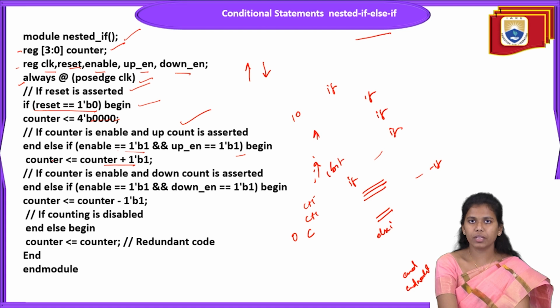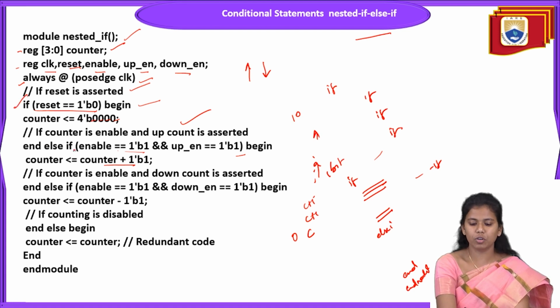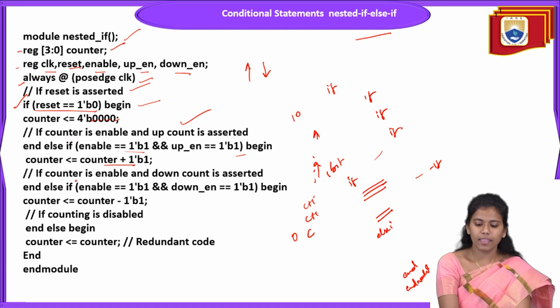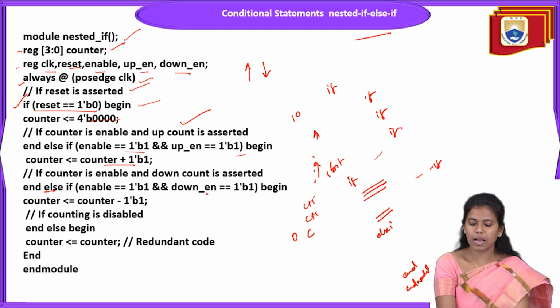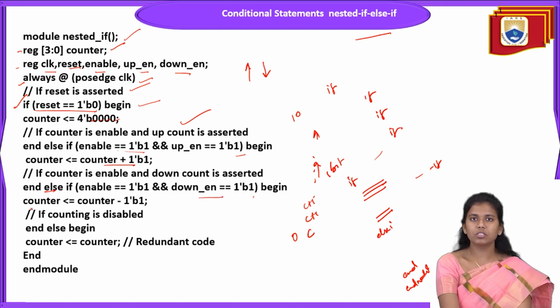So here that is what we are seeing. So if is done with the condition reset is equals to 1 followed with the counter enable, that is up counter, and then else if. Else if I'm enabling now with the enabling of up counter, okay. So else if 1 bit, and if down counter, enable down 1 bit. And now I'm beginning my counter, it will count.